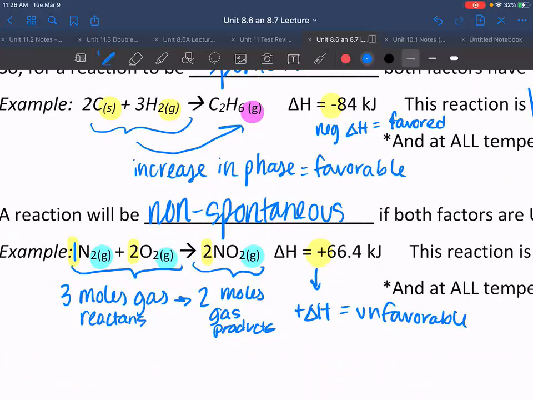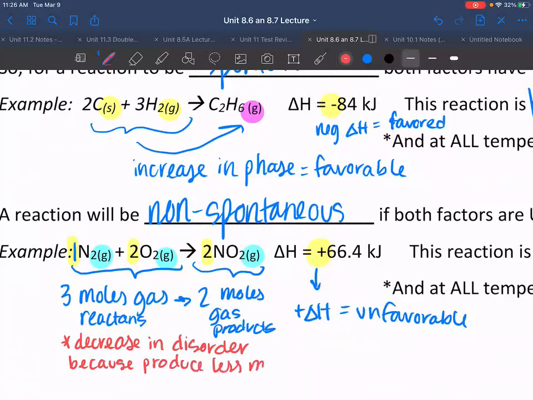Less. When you decrease in moles, you decrease the disorder. So it becomes more ordered. So this is a decrease in disorder because we produce less moles of gas.